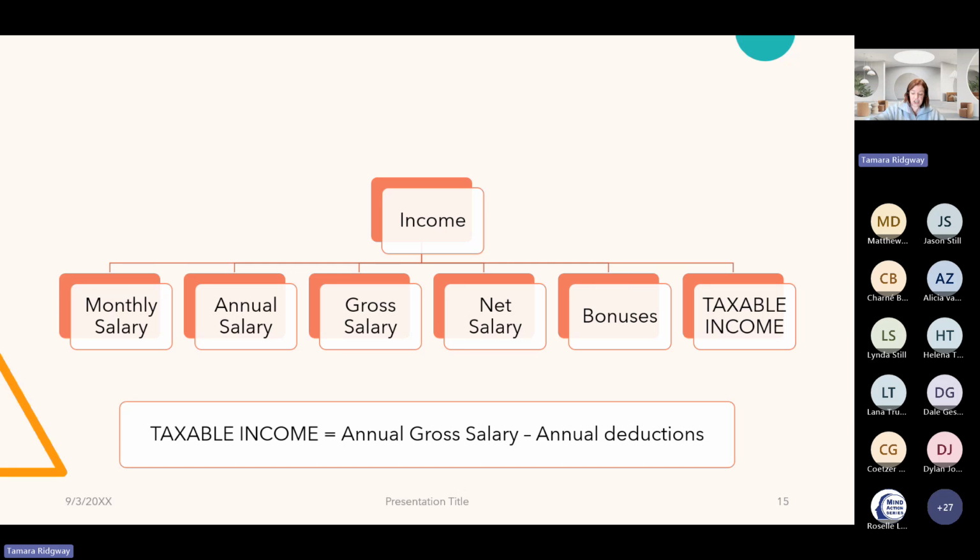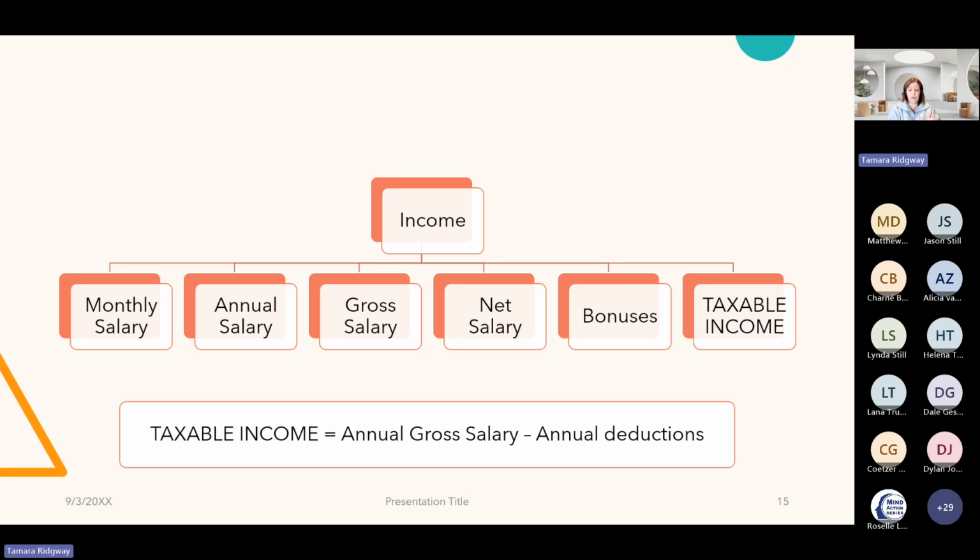I intentionally wanted to emphasize the difference between monthly versus yearly, gross versus net, and then we've got bonuses, and this all culminates in what is called the taxable income.